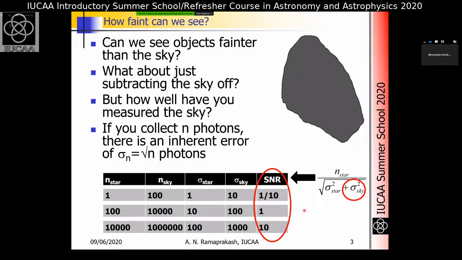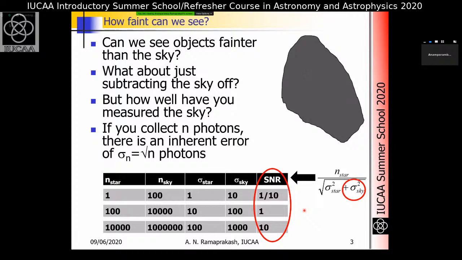This is just a recap. Now, the two things we are planning to do today, depending on the time. The first thing is to understand the limitations on how fine the details on an object are that you can measure. Yesterday we talked about how faint you can measure and what accuracy you can achieve.